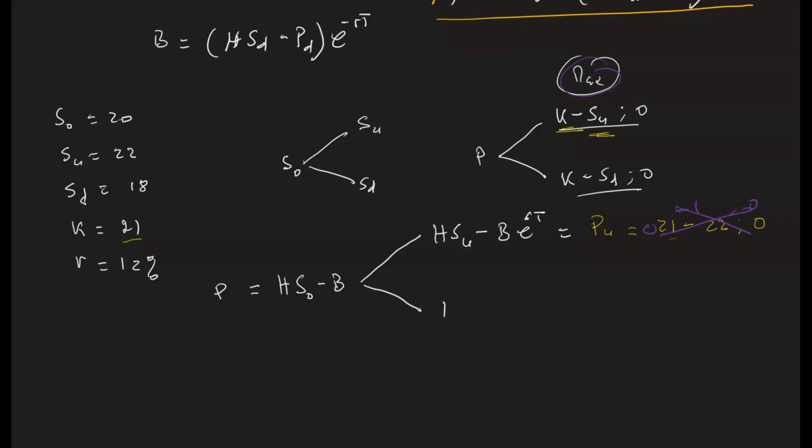If the stock price decreases, we're going to have H stock down minus B future value, and that's going to be equal to put down.